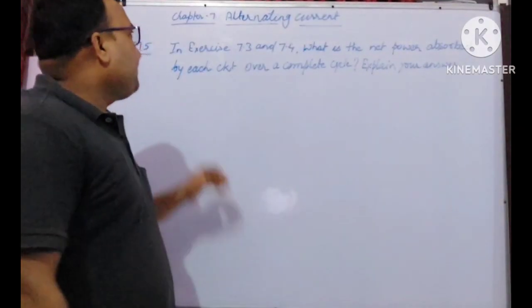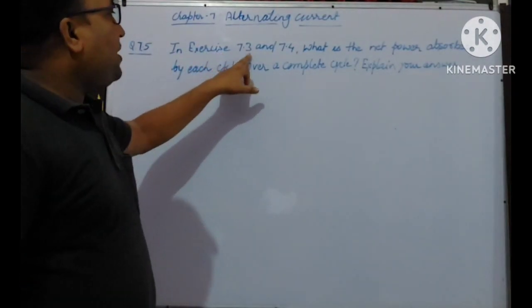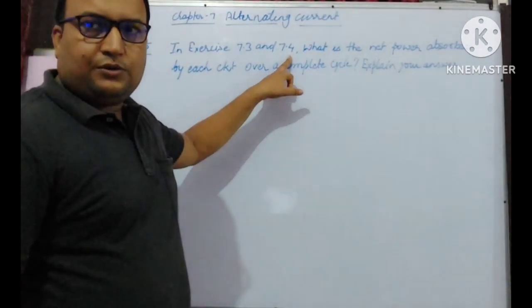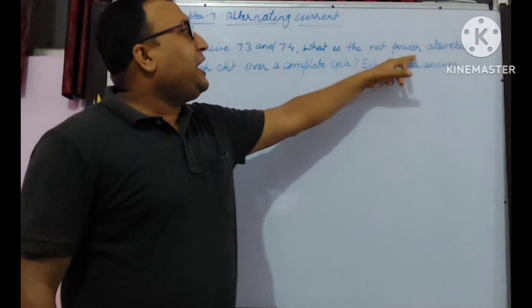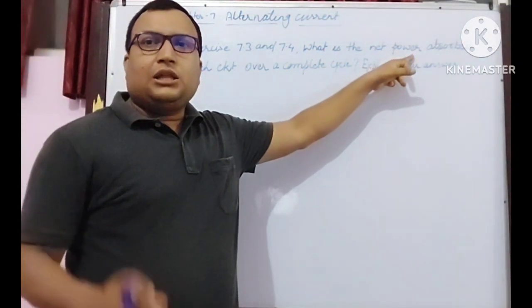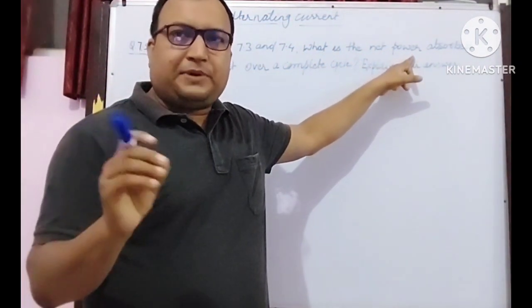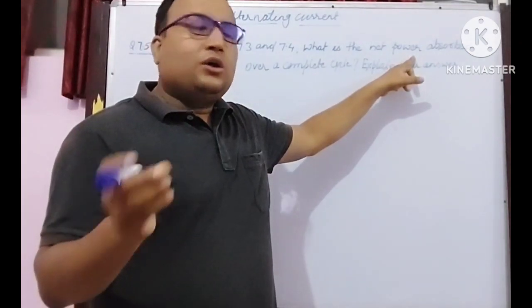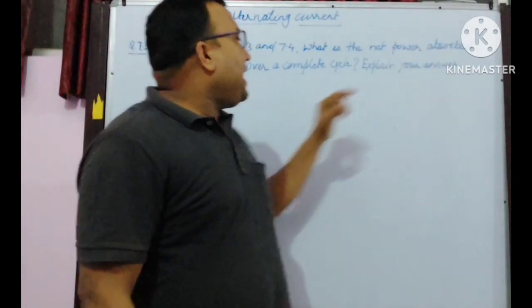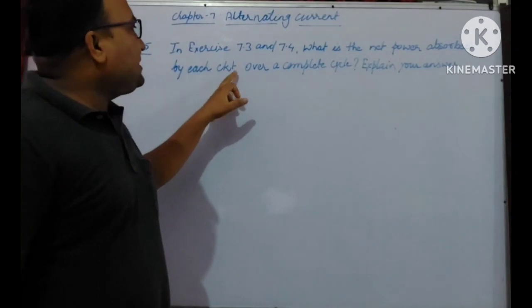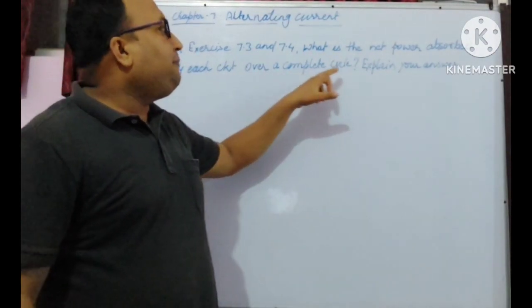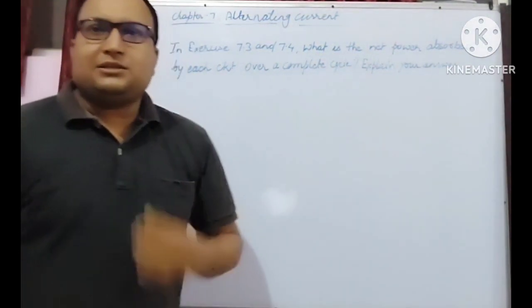So keep in mind, in exercises 7.3 and 7.4, they are asking what is the net power absorbed by each circuit over a complete cycle, and explain your answer.